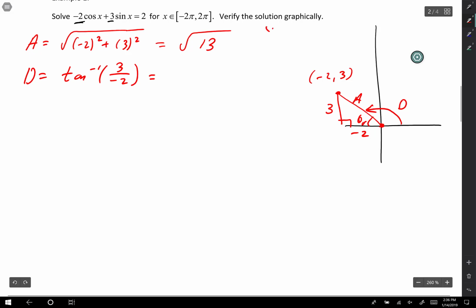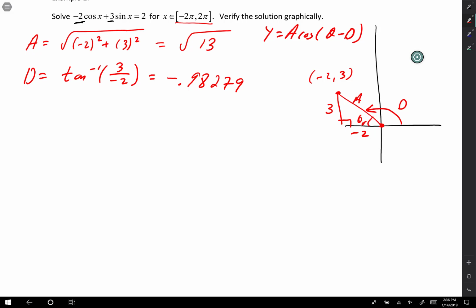For, remember this, your general equation is A cosine of theta minus D. Radian mode, because we're between -2 pi and 2 pi. All right. Arctan of 3 divided by -2. I get -0.98279. That's in quadrant 4, not in quadrant 2.